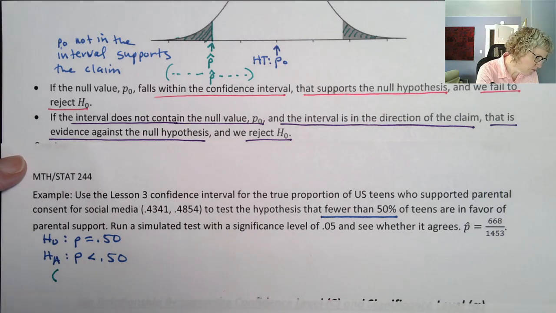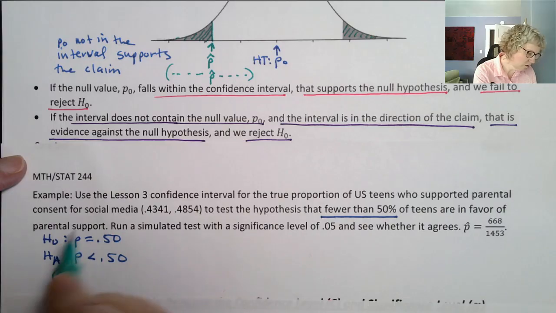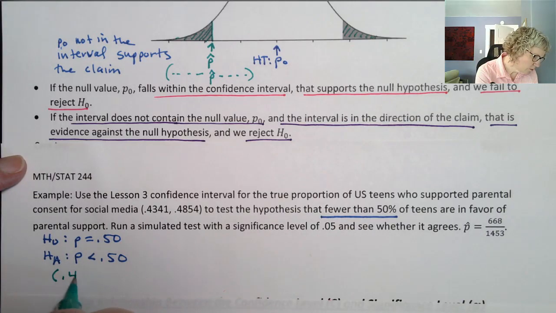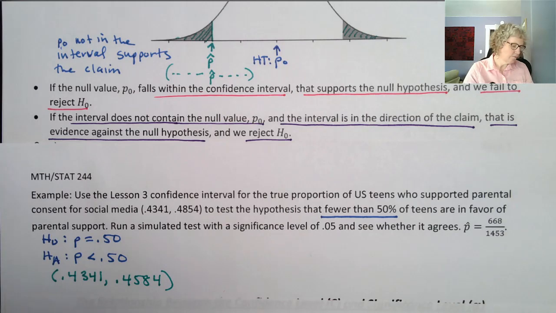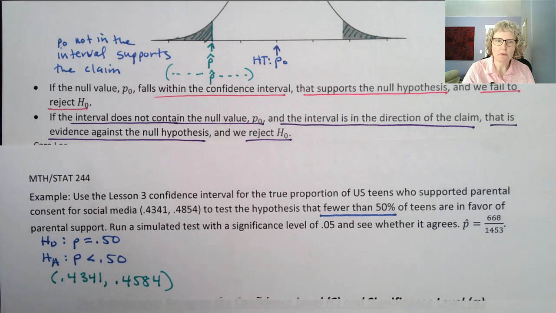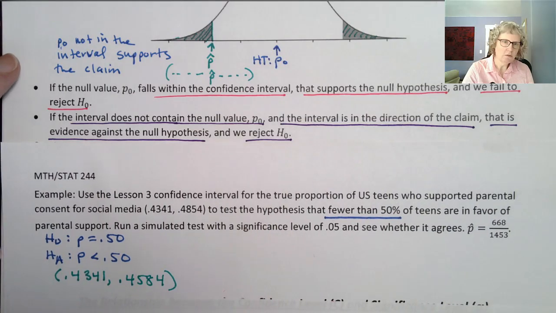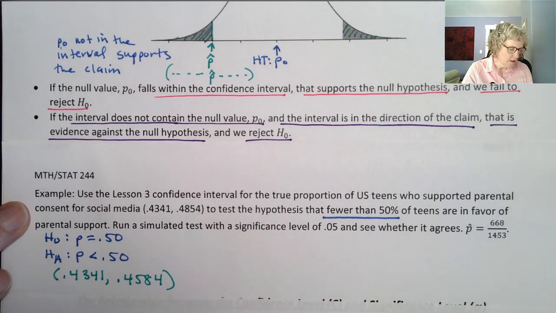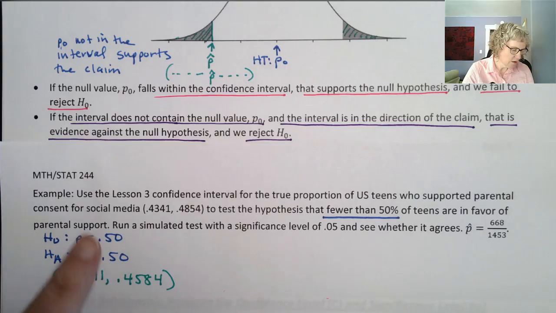So if we were going to do a test using this interval, we would see we already got 0.4341 to 0.4584. Okay. So then we see, where is the null value? Is the null value in the interval or out of the interval?